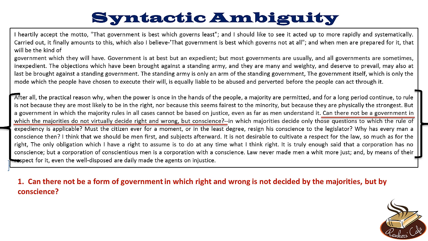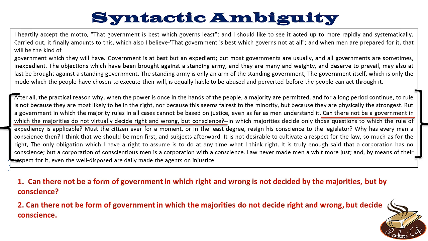One, can there not be a form of government in which right and wrong is not decided by the majorities but by conscience? Two, can there not be a form of government in which the majorities do not decide right and wrong but decide conscience? It could be conscience of the government or the decisions taken by it, and so on.